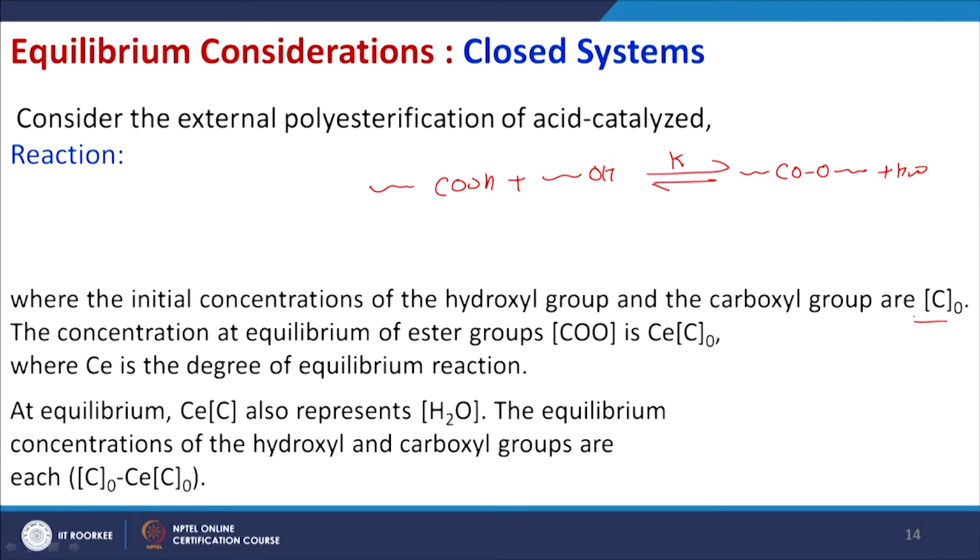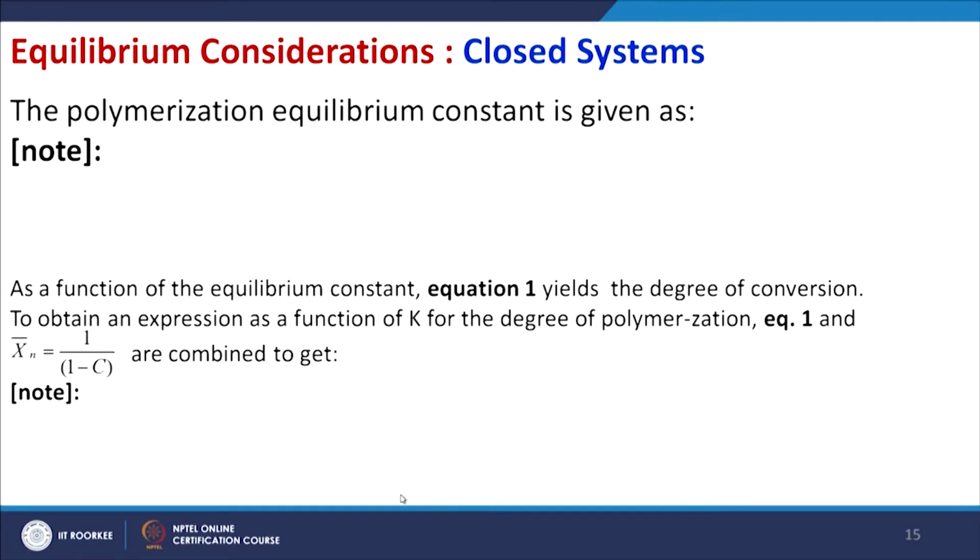The equilibrium concentration of ester group, that is COO, is represented as C. At equilibrium, C is also the concentration of H2O. So the equilibrium concentrations of hydroxyl and carboxyl group are each C naught minus C. Now, the polymerization equilibrium constant, because ultimately we are looking for that particular thing.